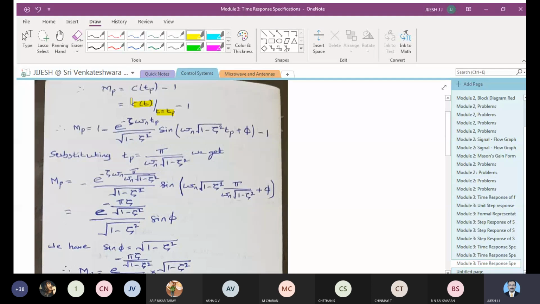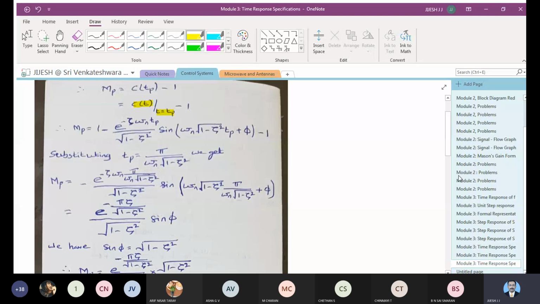We have written the equation for C of t so many times.